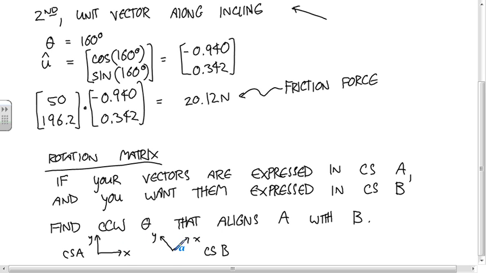You have to rotate it this much. If B was rotated clockwise relative to A, then you'd get a negative theta answer or a 300-degree answer or something.